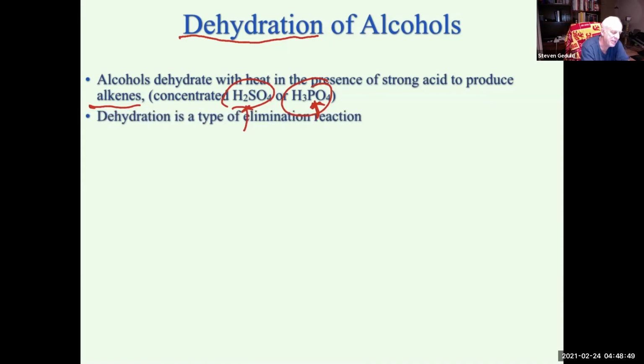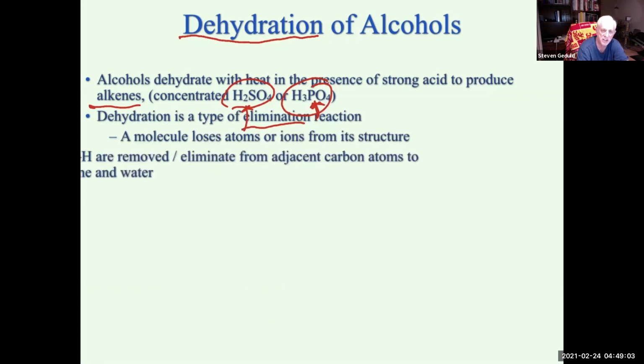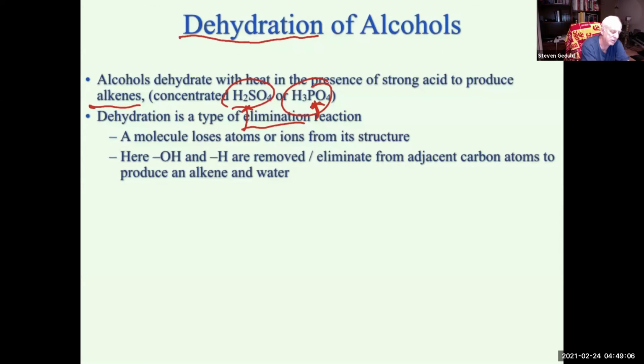Dehydration is an elimination reaction. Remember, we had addition reactions. Now we're doing elimination. We're getting rid of something, the water. A molecule loses atoms or ions from its structure, so you're losing H and OH. That's dehydration. Here, OH and H are removed.